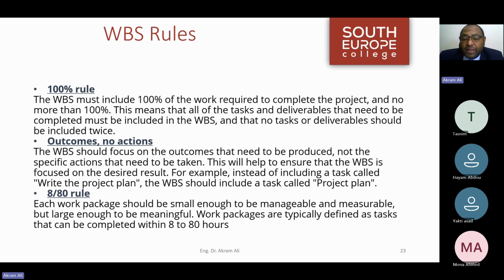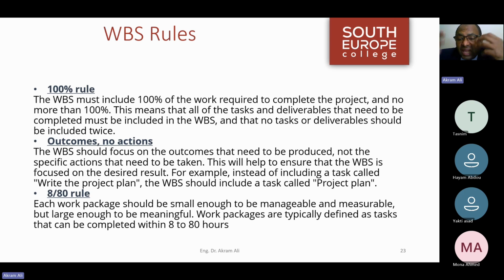So if a task is less than one workman day, because one man will work for 8 hours for one day, so if a task is less than a workman day, we add it to another small task or a bigger task, so we don't end up with very small items in our work breakdown structure.